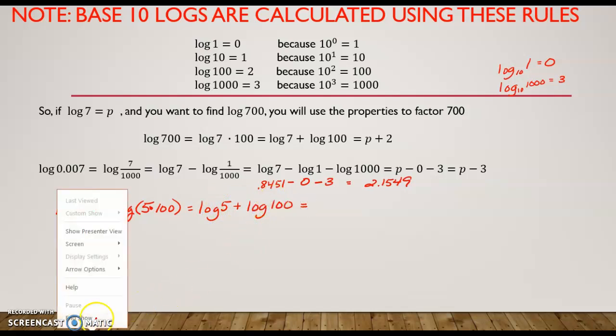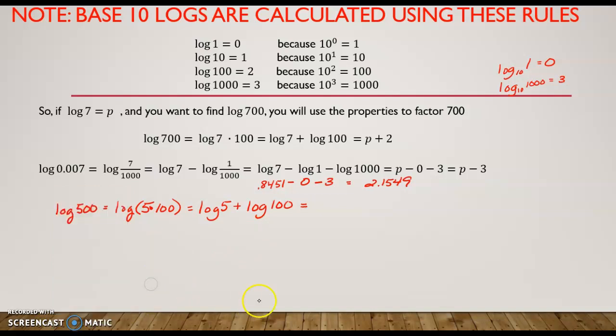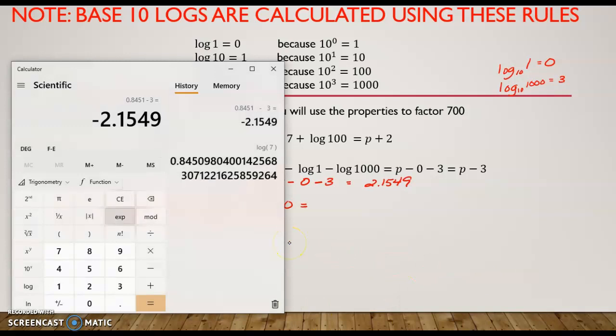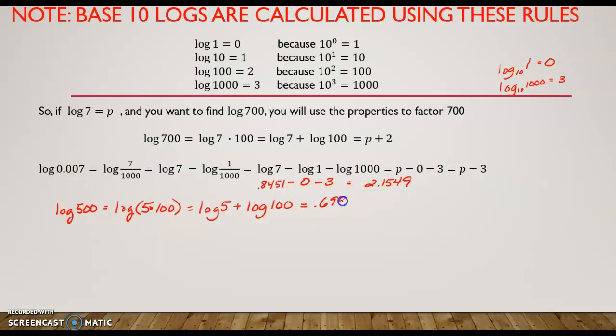Your log of 5, once again, it's just faster on the calculator, is 0.6990, plus 2, because 10 squared was 100, so you just end up with 2.6990. So it can be done that way. That is one that works on the base 10 logs.